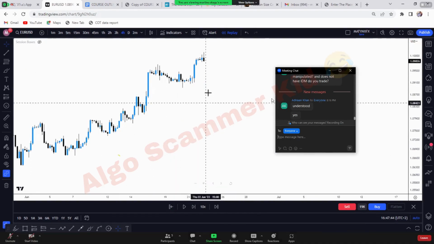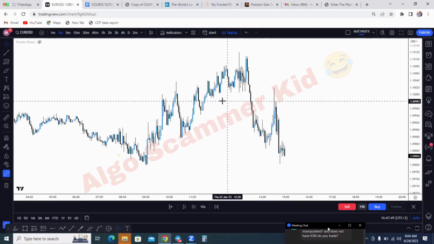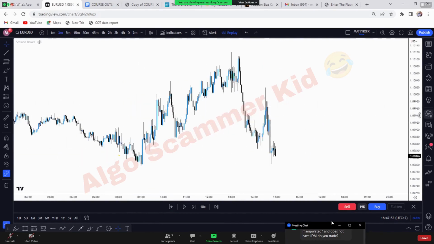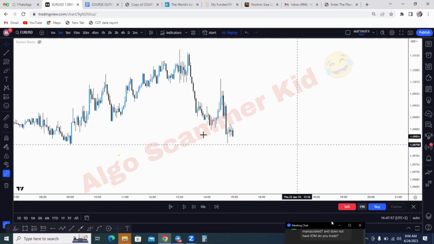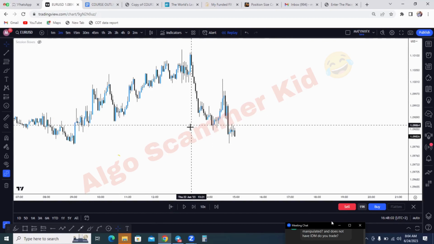I just cut it. So what we did was wait for price to change order flow. Now we know we were counter trending, but at the same time we knew that if order flow changes, it means the trend has changed.